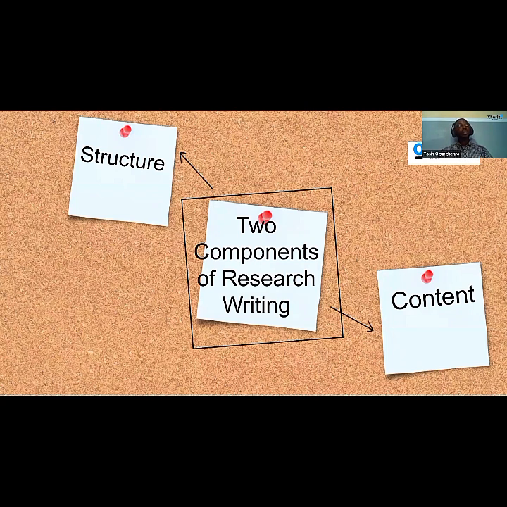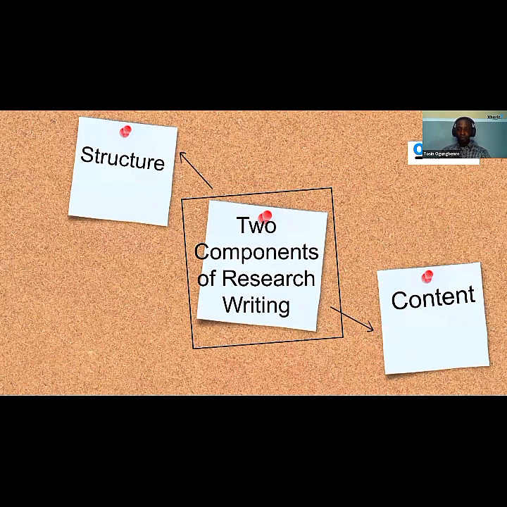Structure is more like what the skeleton is to your body. Content is what flesh is to your body. You know, without a skeleton on your human body, your flesh will fall apart. So it is your bone, it is your skeleton that is holding your body together. So that's what structure is to an academic writing.